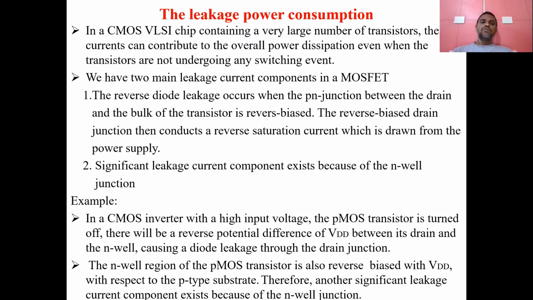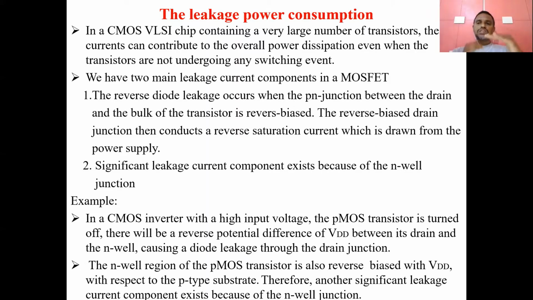Here we have two main leakage current components in our MOSFET. The first is reverse diode leakage, which occurs when the PN junction between the drain and bulk of the transistor is reverse biased. As I said in the previous discussion, in an NMOS transistor we have a P substrate and N type source and N type drain.